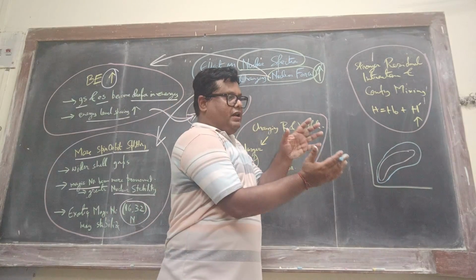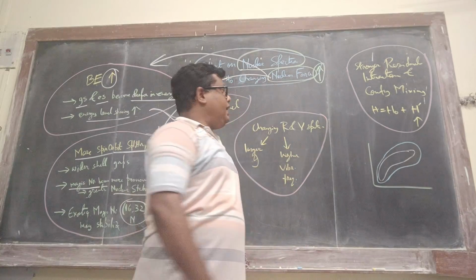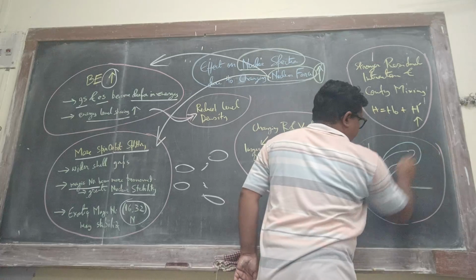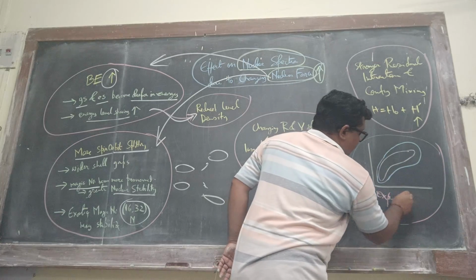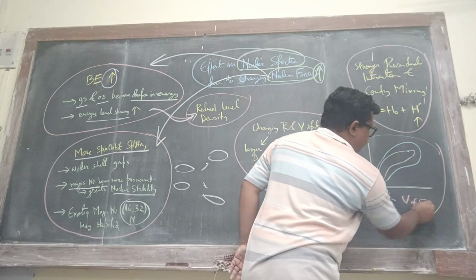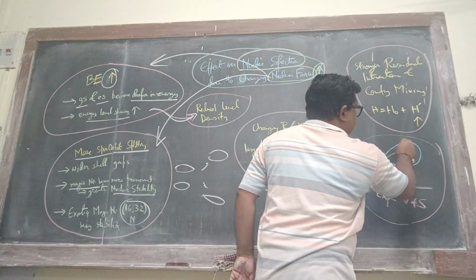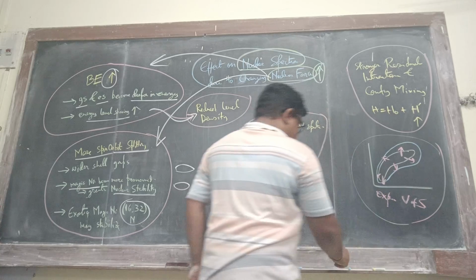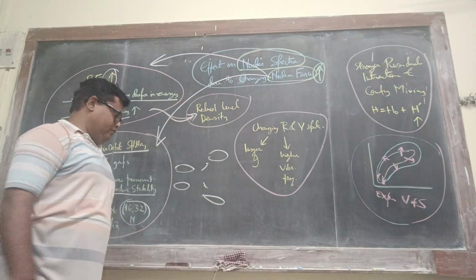So this means the valley of stability will expand. So expanding valley of stability. Okay. So this is what will happen as a result of increasing nuclear force.